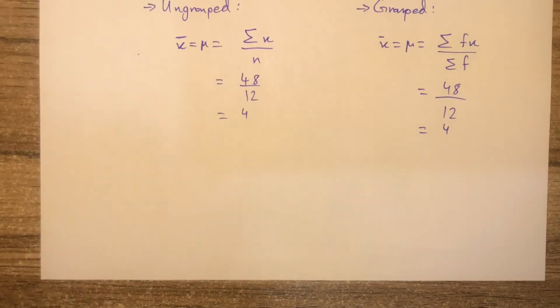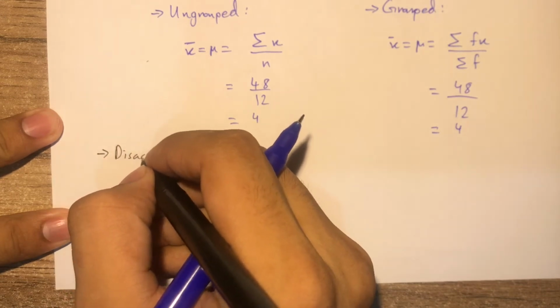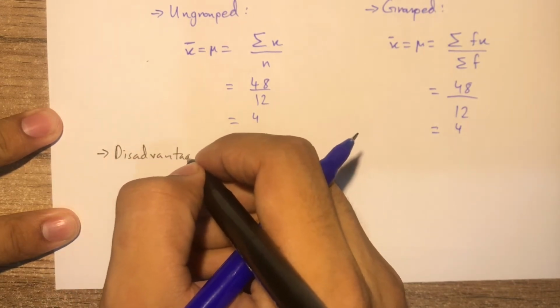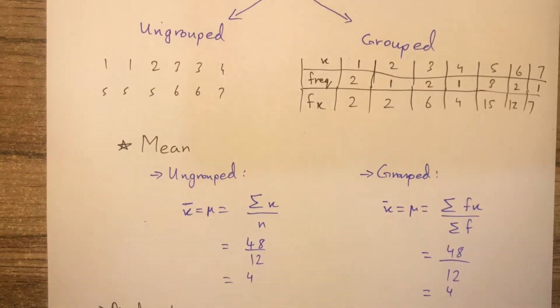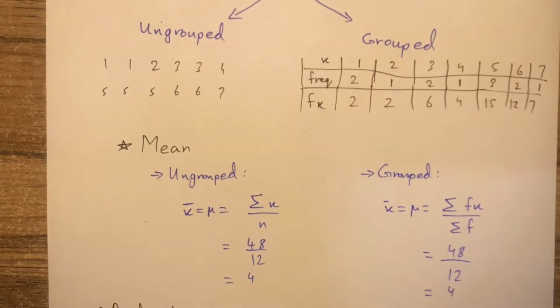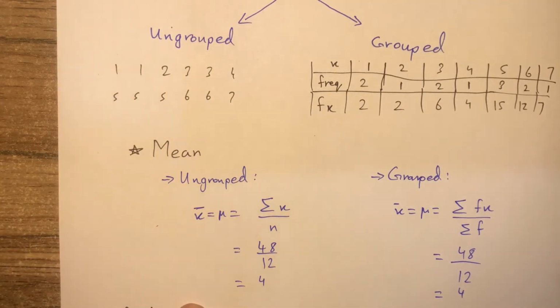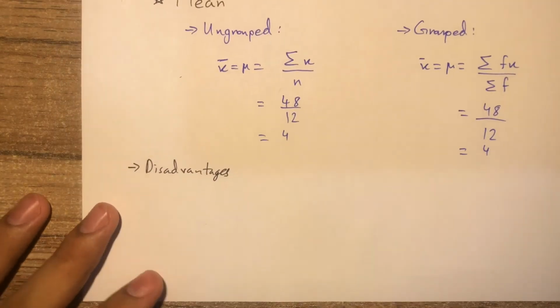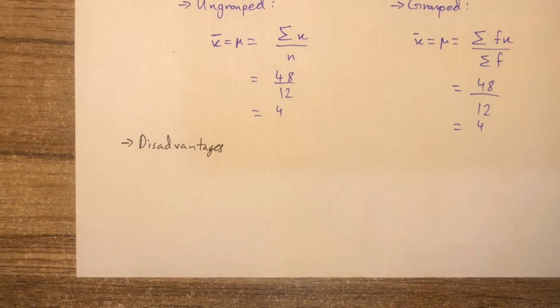Now there are two disadvantages of mean. First, the advantage of mean is that it involves all of the values, all of the data, because all of them are added and then divided by the total number. So that is one advantage, that it includes all the values, right?